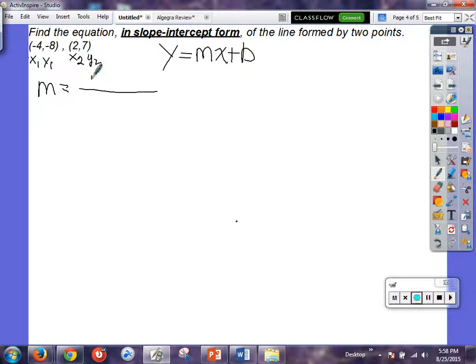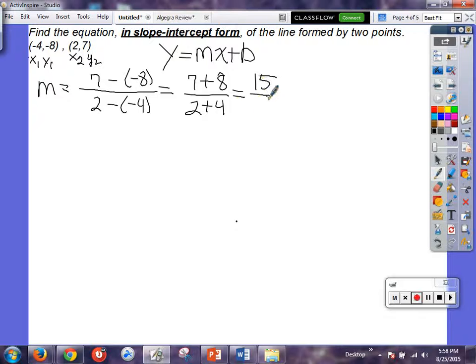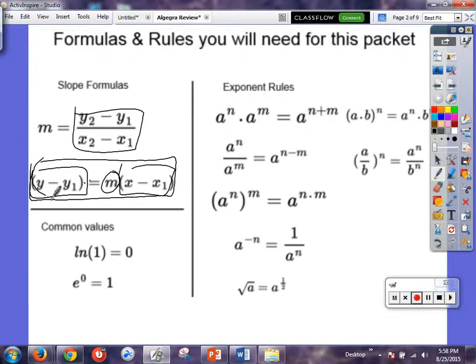You got 7 minus. Okay, now that we got m for your slope, we need to plug it into this equation right here. Plug it into this equation. Okay, clear that up.